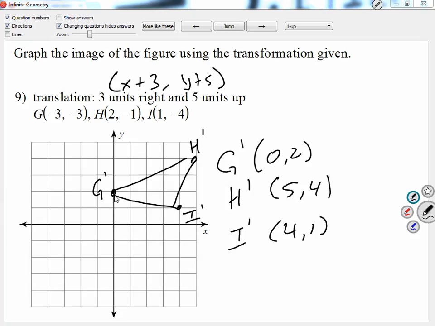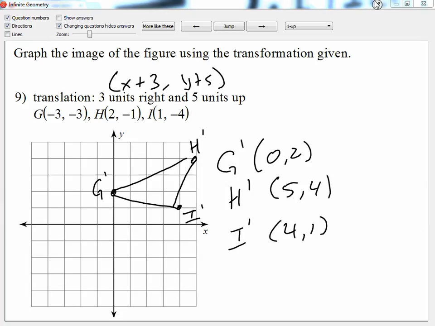Like I said, we could have drawn the initial points, moved everything 3 units to the right and 5 units up, or just find out what the vertices of the prime points are, and then just plot those in. At the end, I'm just looking for that picture: G prime, H prime, I prime. That's what I'm looking for.